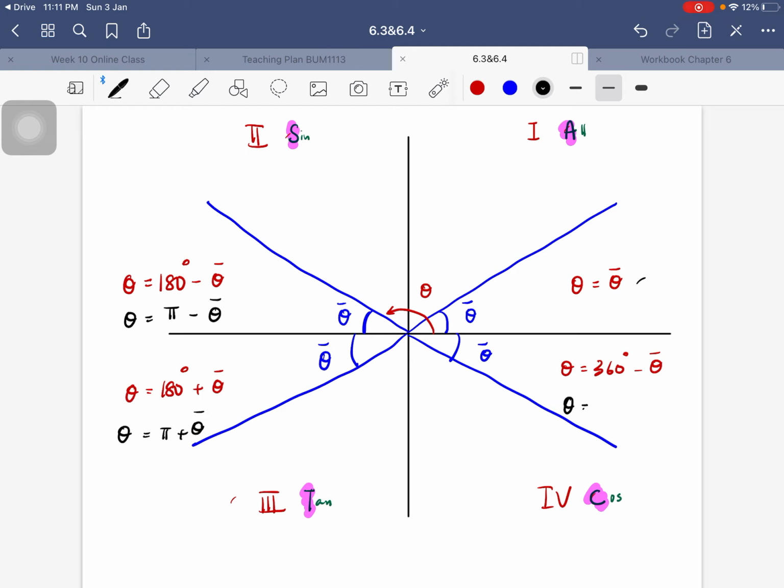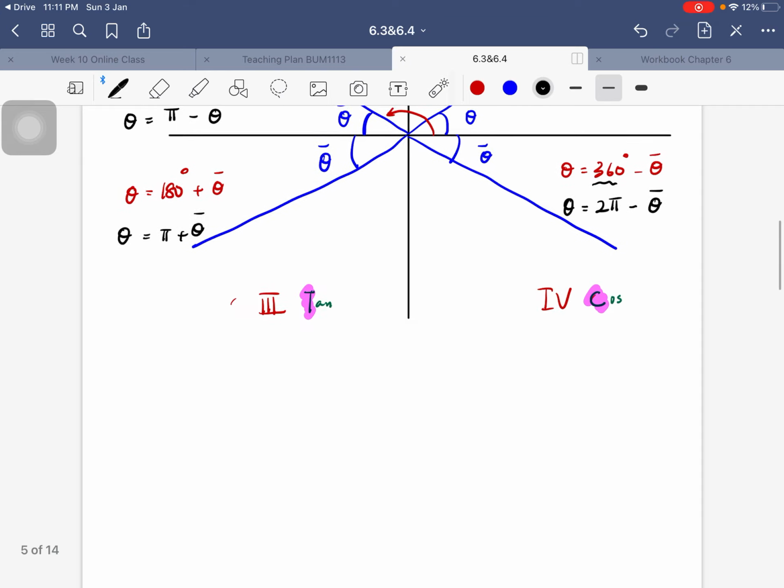And in the fourth quadrant, 360 degrees converted to radians is going to be 2 pi, so it's going to be 2 pi minus theta hat. The idea is pretty much similar; it's just whether it's expressed in degrees or in radians. And please, I would like to remind you again, make sure that your calculator is in the correct unit.